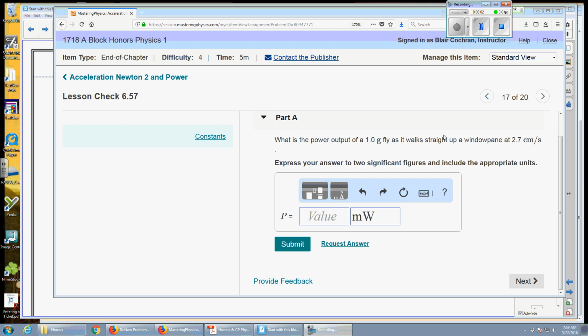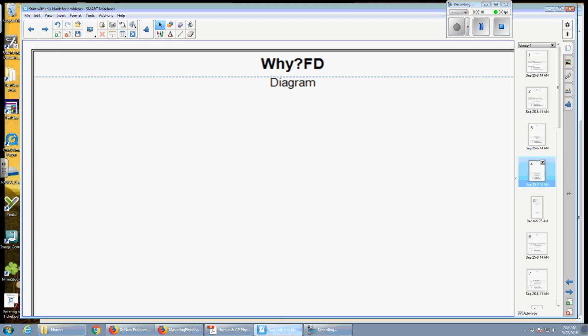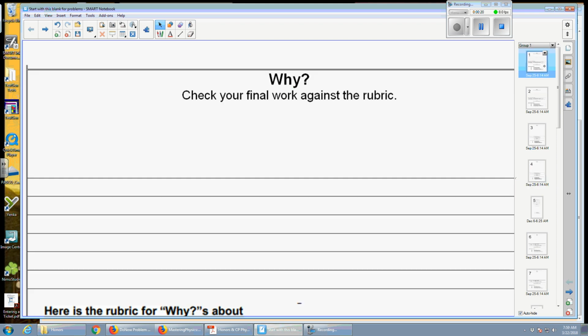Alright, so 17. Power output of a fly that walks straight up a window pane. The y is going to be one of our written y's, so start with that.